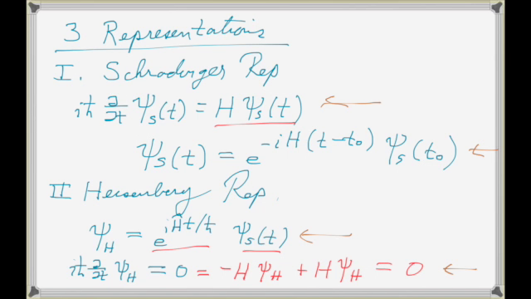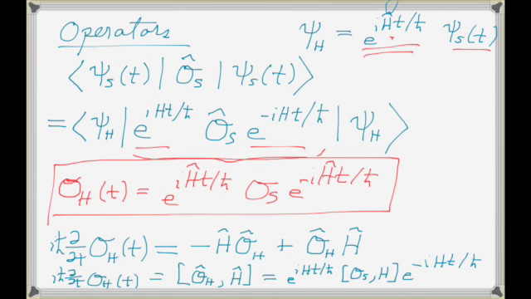Just blindly taking the time derivative of the line above, you get 0. So there's no time dependence in the Heisenberg wave function. And then we looked at the transformation of the operator. To go from a Schrodinger operator to a Heisenberg operator, you look at matrix elements. The value of the matrix element has to be the same independent of the representation.